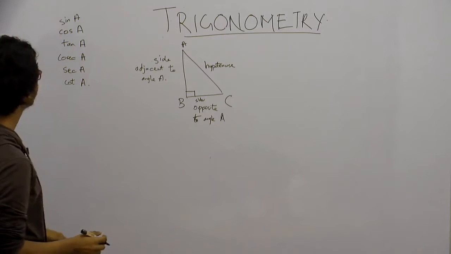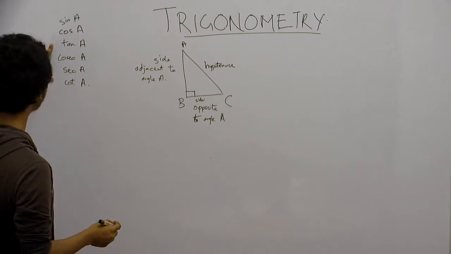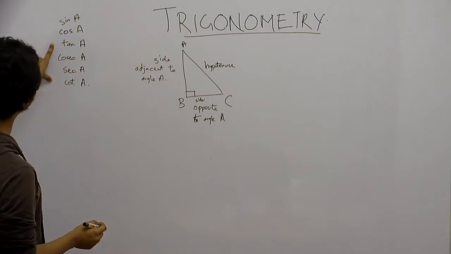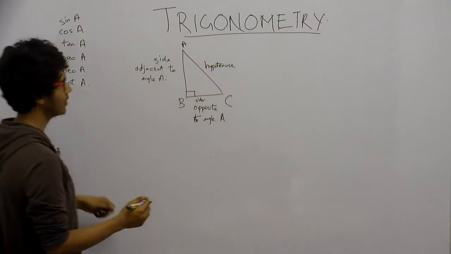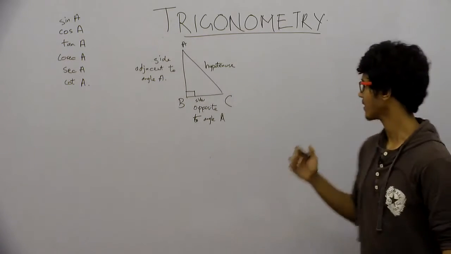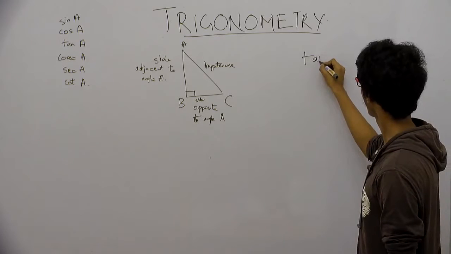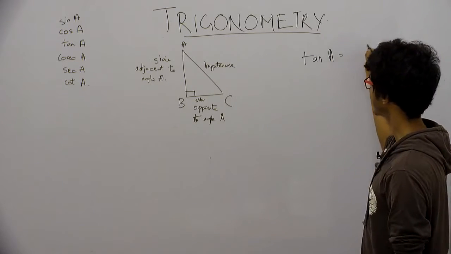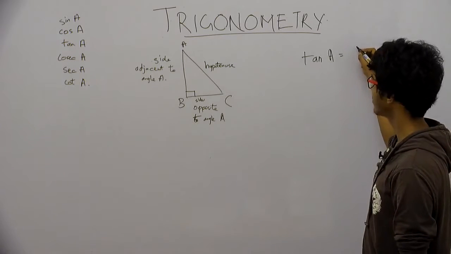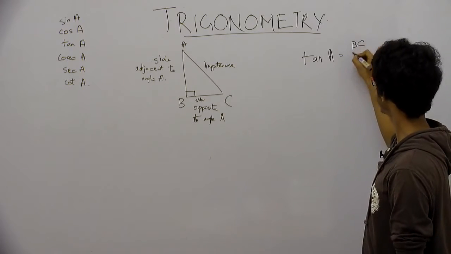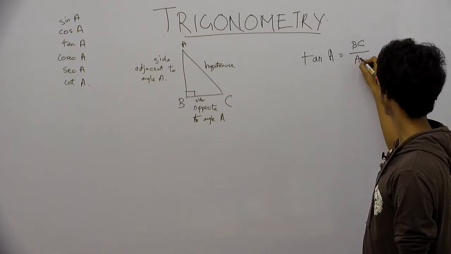Okay. There's an interesting thing to note about tan A and cot A: they can also be measured in terms of sine, cos or cosec and sec. How? Let's see. Tan A was equal to opposite by adjacent. So this will be BC upon AB.